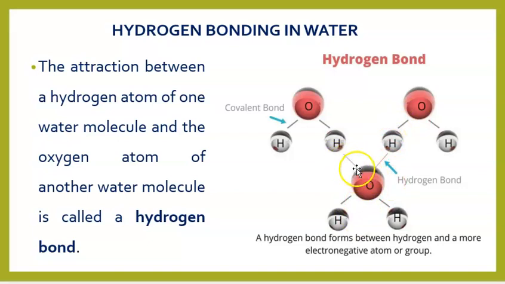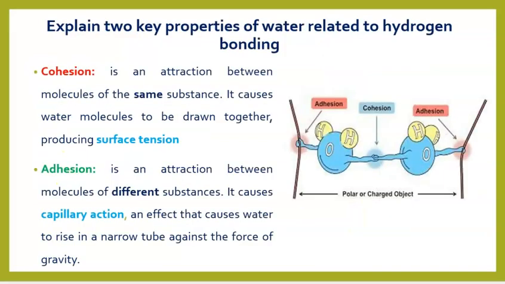Again, here, this is also a hydrogen bond, which is between the hydrogen of one water molecule and oxygen of the other water molecule. Does this count as a hydrogen bond? The oxygen of the same water molecule and hydrogen of the same water molecule? No.